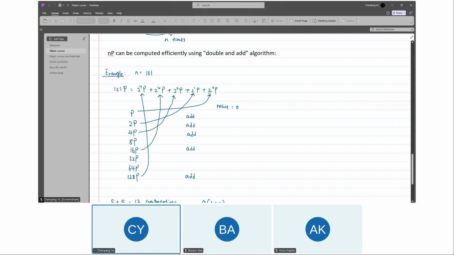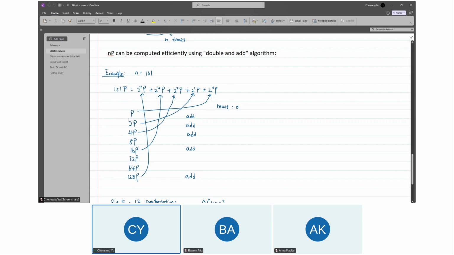So you just break it down into 0s and 1s, and you can say this is 1P, 2P plus 4P plus 16P plus 128P, right? So in this process, you are doubling it, but you only traverse the list once.